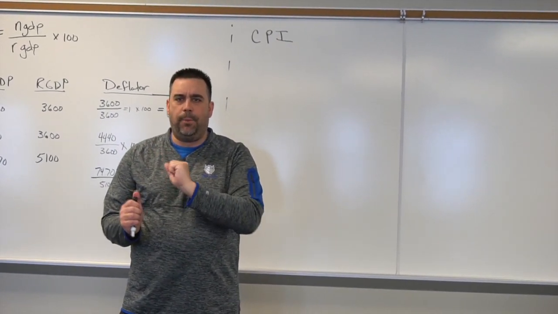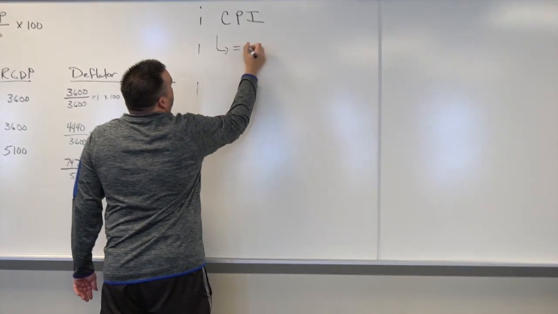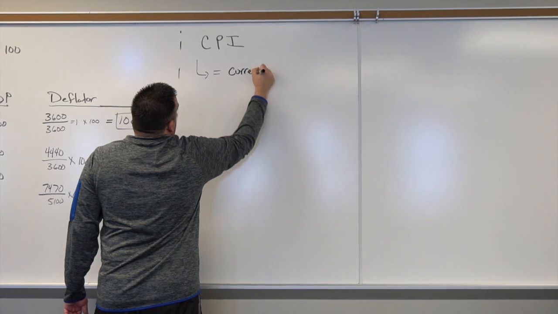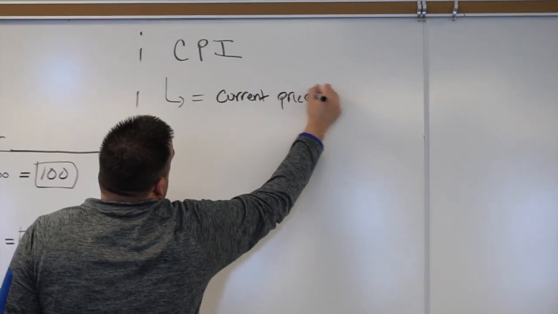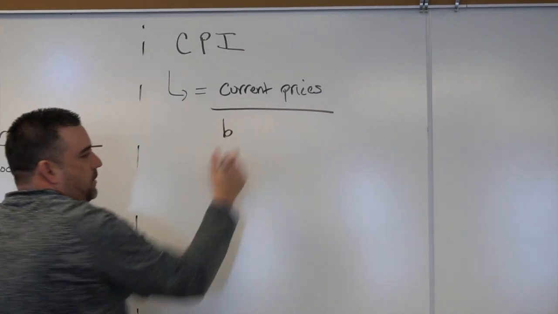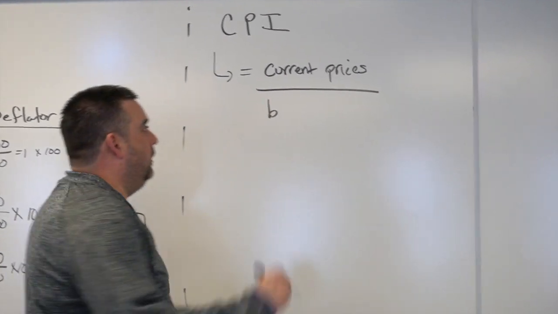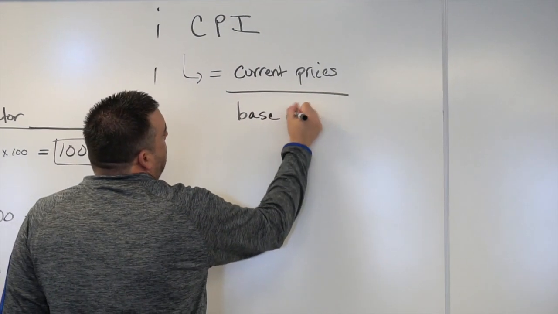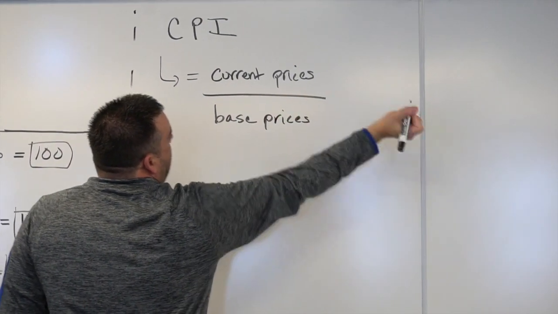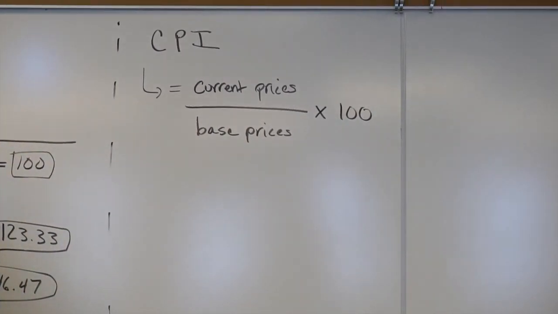Every time you give me a new paper, that's our current price. We're going to divide that by the base price, so that very first month that we built our basket and established everything. And then it is an index value, so we're going to take it times 100.